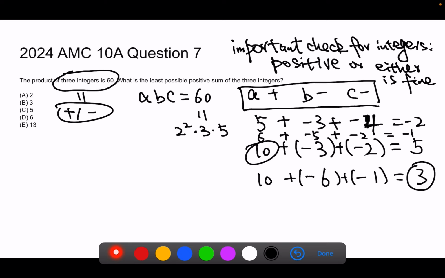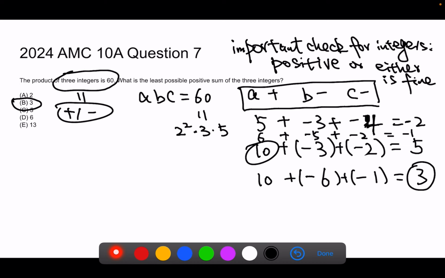Then you play with these numbers and you'll see there's no other way to make it work. If you increase A further, firstly, if A is 10, then B and C can only be 3 and 2, or 6 and 1. If you make A even bigger, the whole thing will have a larger sum, which is even worse. So the answer is B, 3.